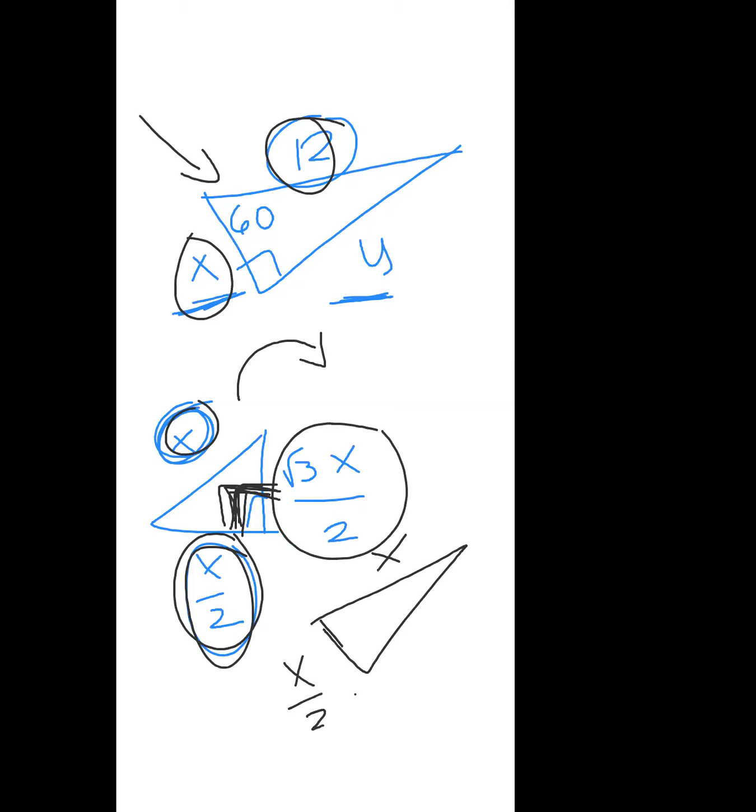Itong nasa baba ng ating right angle, yun yung tinitignan mo. So, we have y or ang equivalent ni y is ito. We have square root of 3 and then x over 2. Okay? So, tignan nyo na lang yung right angle para hindi kayo nalilito kung ano yung mga corresponding sides nila. Clear na? Parang i-rotate mo lang yung cellphone mo papunta dito. Okay po, clear na.